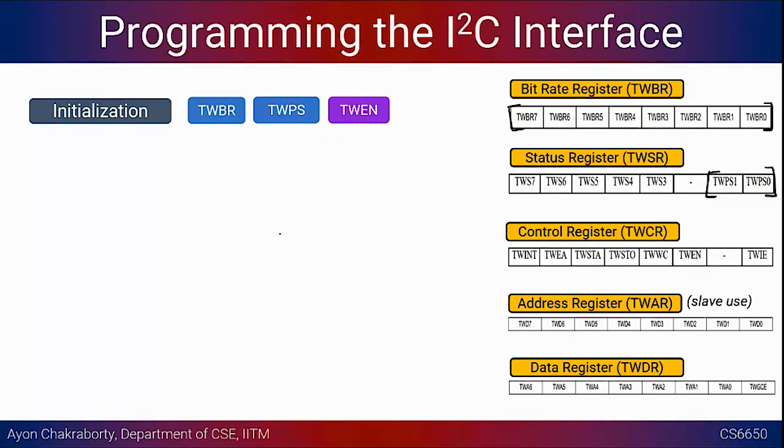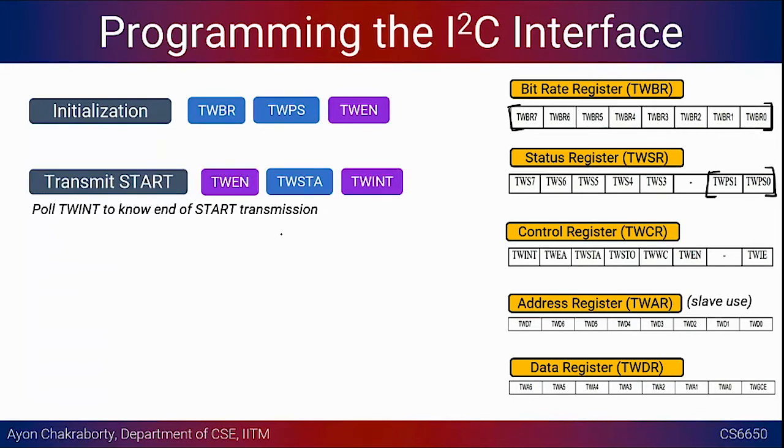And after this initialization has taken place, the next thing that you need to do is transmit the start. If you remember, the master controls the start and the end points in the transmission, and within that the data communication takes place. So the master has to transmit the start, and this is done by enabling the TWSTA bit inside the control register.